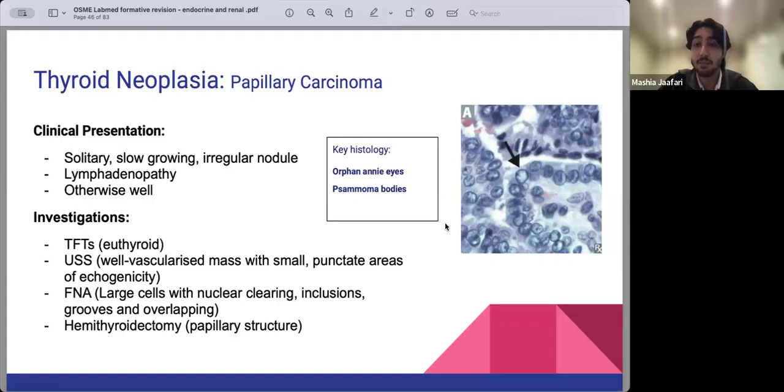And you get them in papillary carcinoma. You can get them also in meningiomas. So there are a few things that can cause psammoma bodies, but it's just important to know that these are two histological findings specific to papillary carcinoma. And again, we treat it with a hemithyroidectomy.